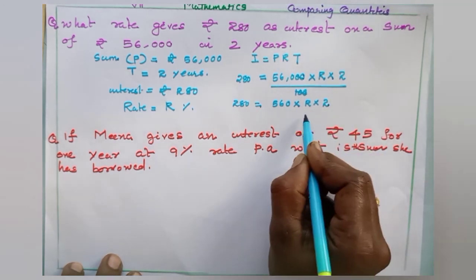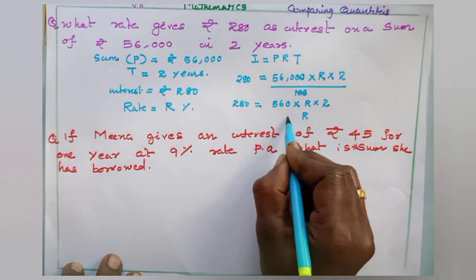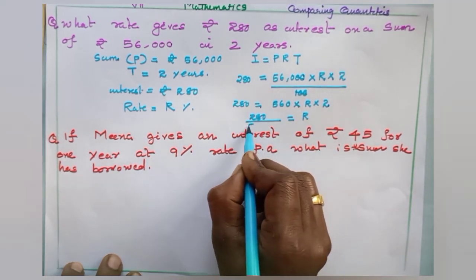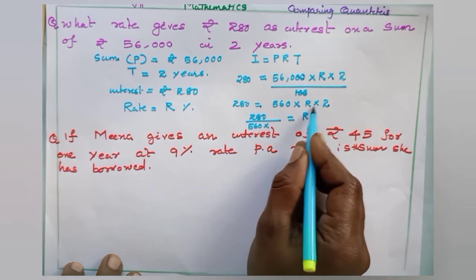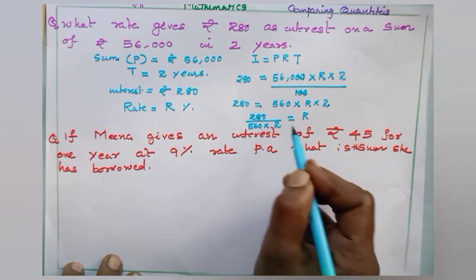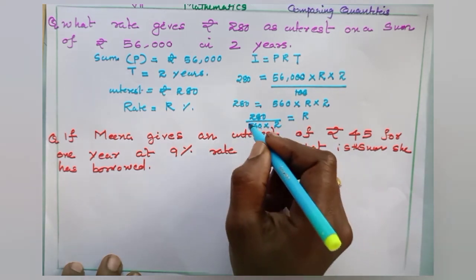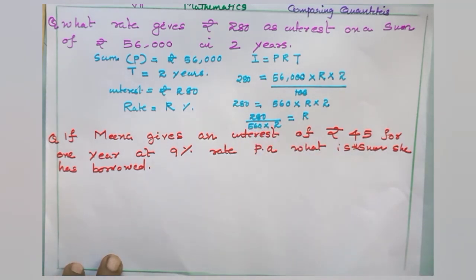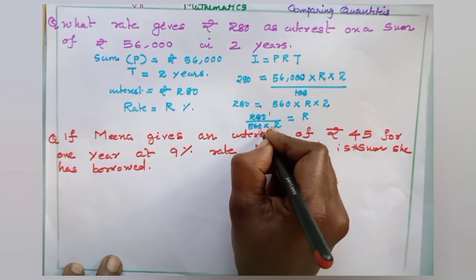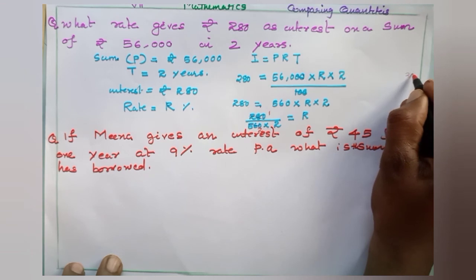So R is equal to 280 divided by 560 into 2. Here we can cancel 280 and 560. 280 goes in 1 time, and 560 in 2 times, that is 280 into 2 is 560.